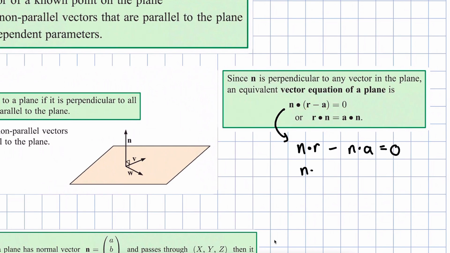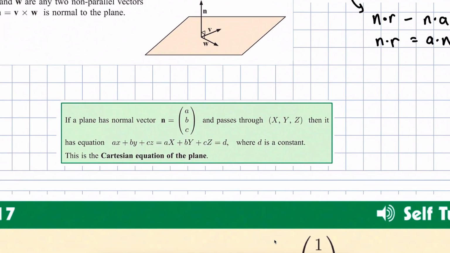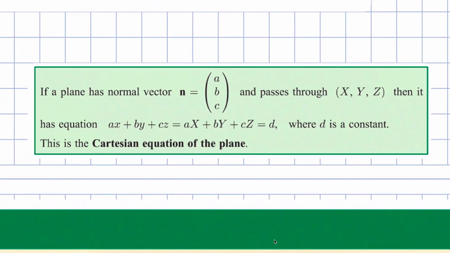So n dot r equals a dot n, and that's just using the algebra for the dot product. Why is that important? That is how we get this, which is what we're going to use.